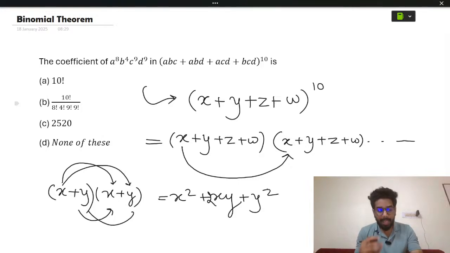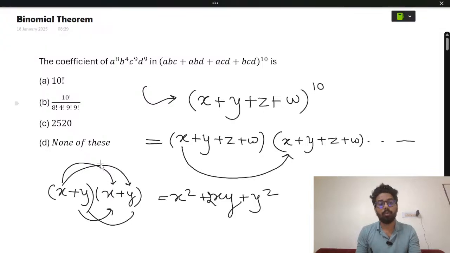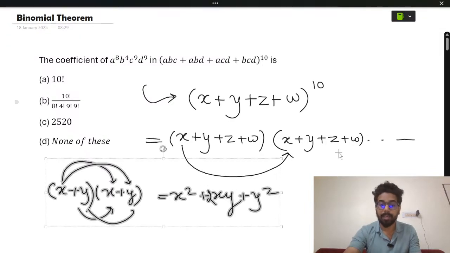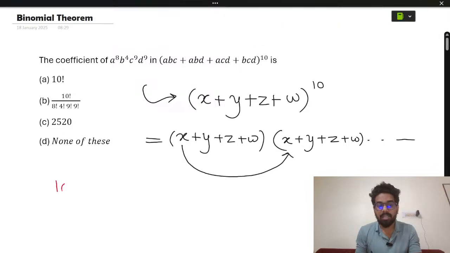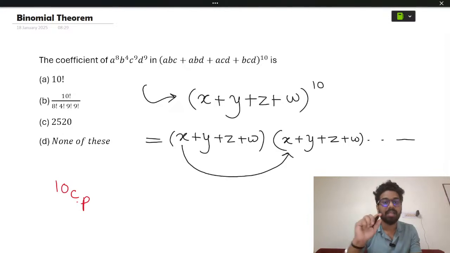How is this expansion generated? This is very important: by multiplying terms from the factors. That means if I want to write down the formula for a multinomial, I am going to use this statement. One thing is sure, that I am going to select a term from each factor. Now out of 10 factors, I will select p factors, and from these p factors, I will select only x.